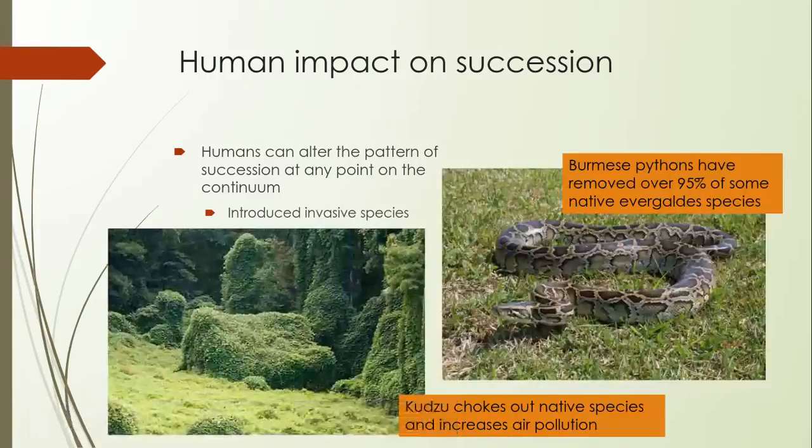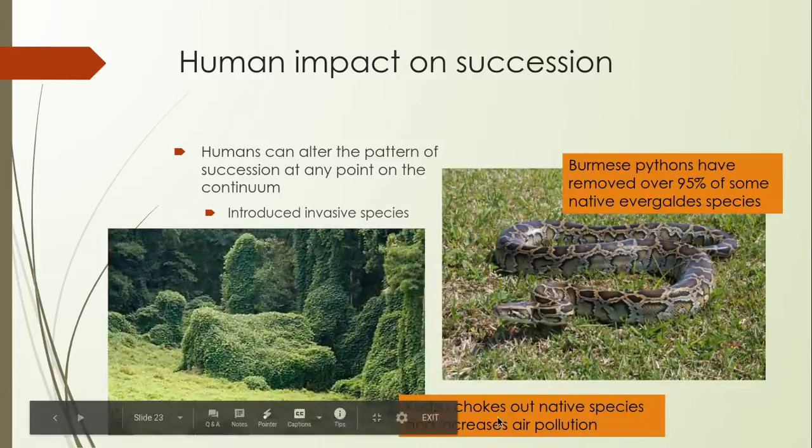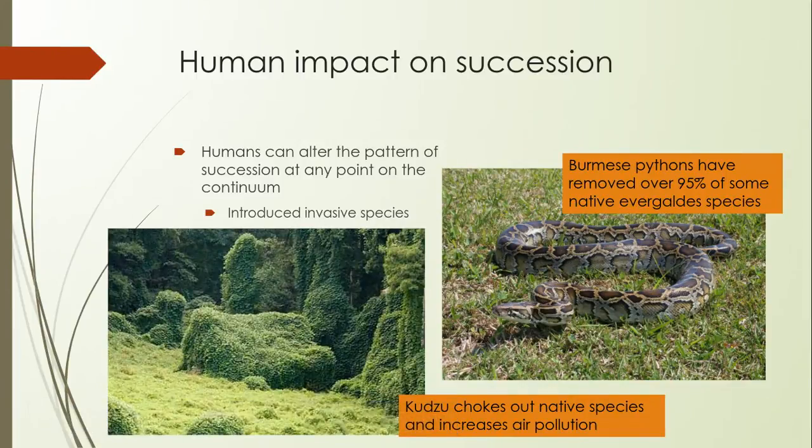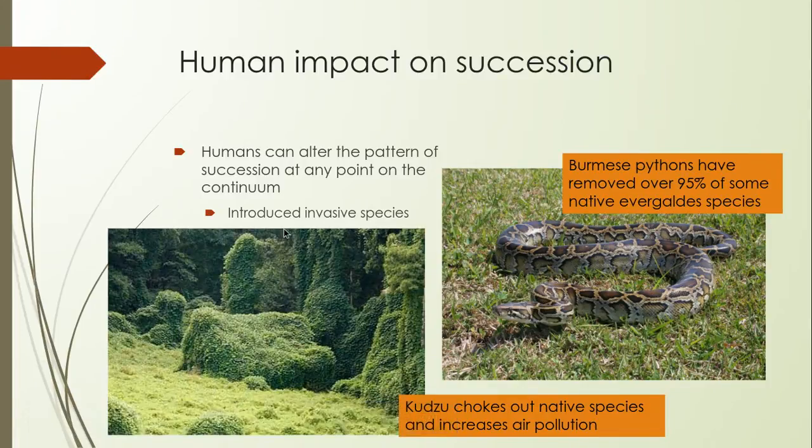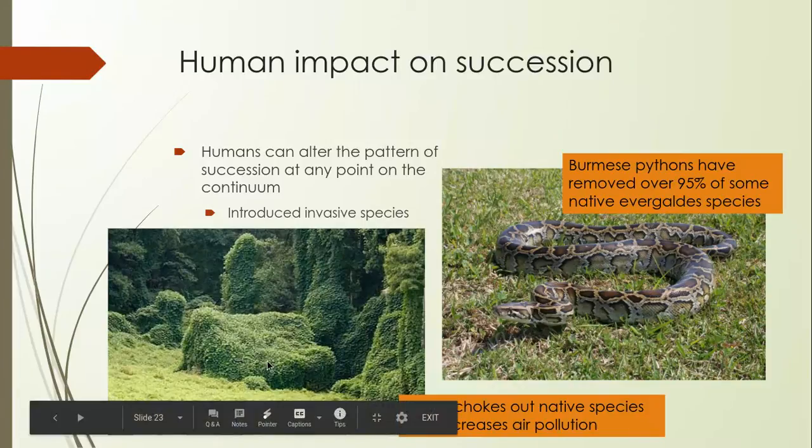Another issue we can look at with succession and human impact is the idea of invasive species. Humans are often not the smartest individuals in the world. For example, we introduced a plant called kudzu, which overtook and just grew like crazy, so it's been choking out a lot of our native species.